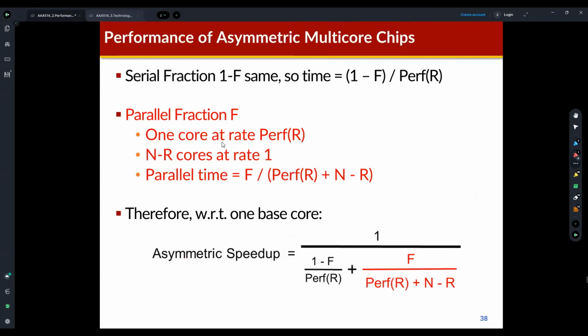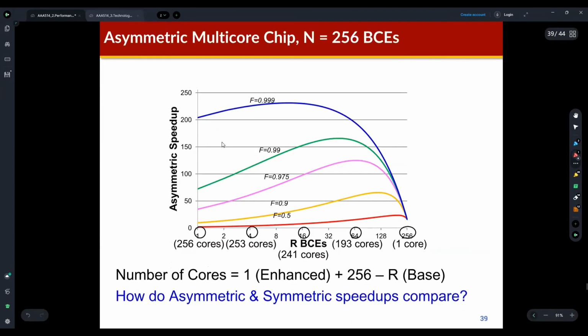So that is the enhanced speed up by this configuration. And if we apply this Amdahl speed up for the heterogeneous multi-core architecture, then the graph looks like this.